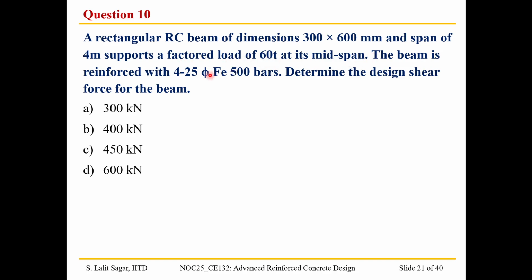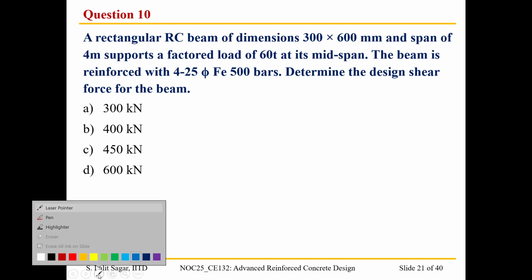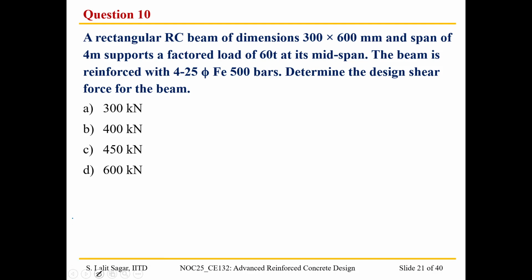The reinforcement details are 4 bars of 25 mm diameter of Fe 500 grade steel. Determine the design shear force for the beam. I will draw a sketch over here so that we can solve it together.